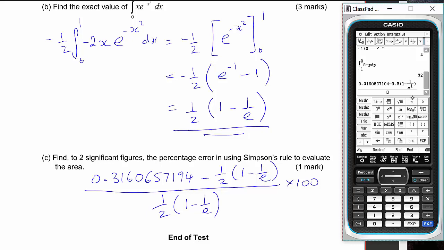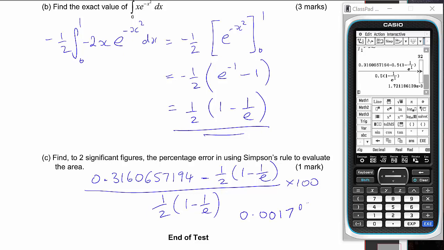Let's close the bracket on that. Just want that bit, and we'll copy that down to the bottom, and then we'll multiply by 100. See what that gives us. So it gives us 0.0017%.